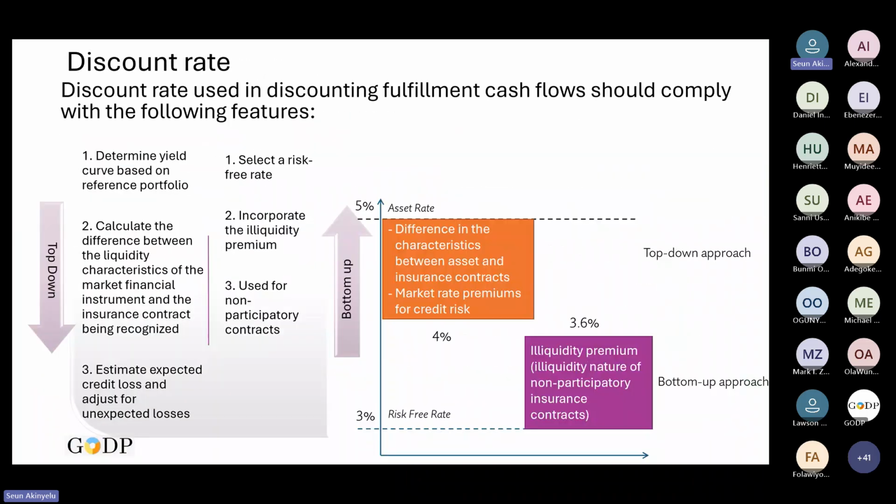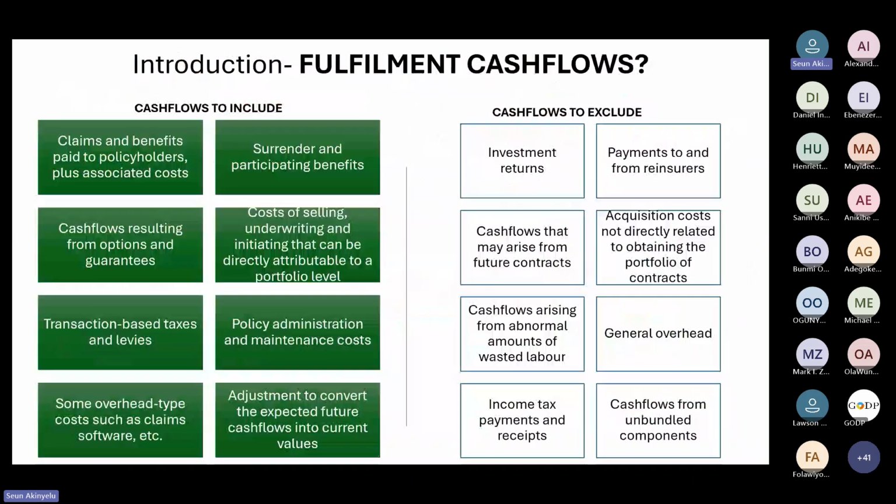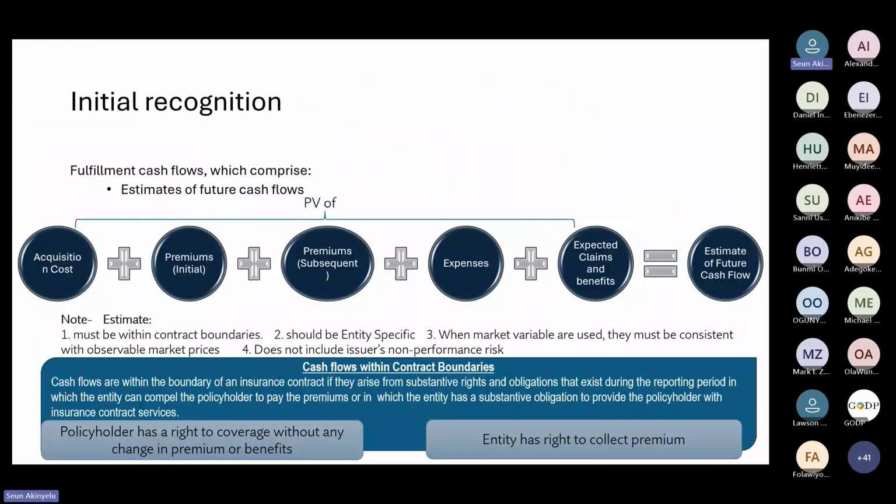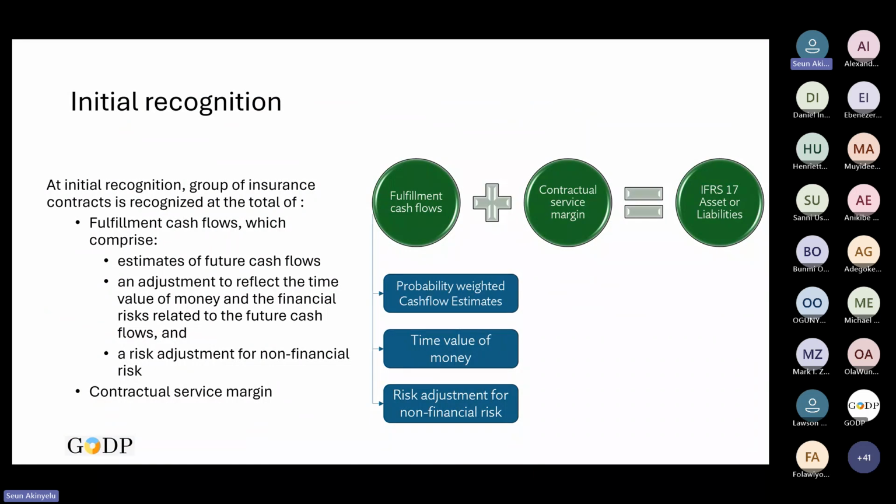It's on the slide here, but because of the time. Remember, I explained that at initial recognition, your asset or liability is fulfillment cash flow, which is the probability weighted PV of the net cash flows, and the risk adjustment that we just spoke about, and contractual service margin.